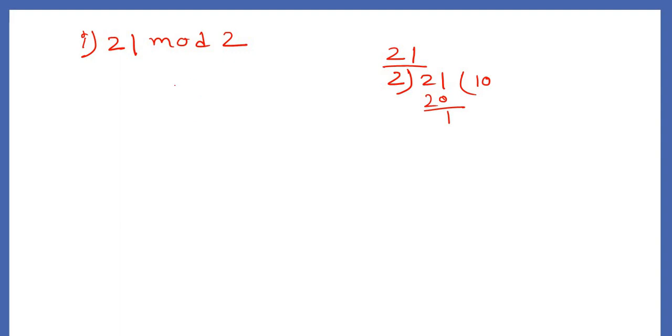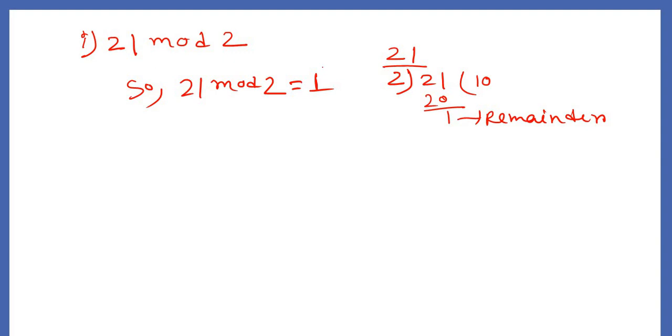So 21 mod 2 equal to 1. Very simple: divide 21 by 2, check the remainder, and that is your answer. Now move to the next question.